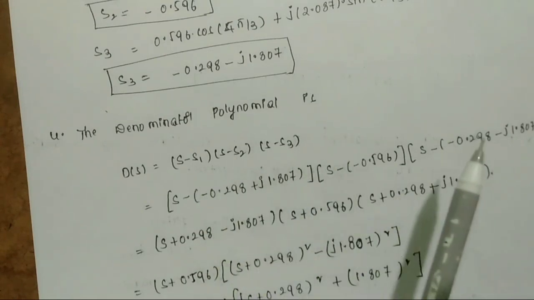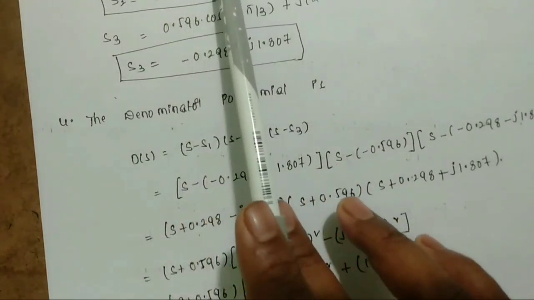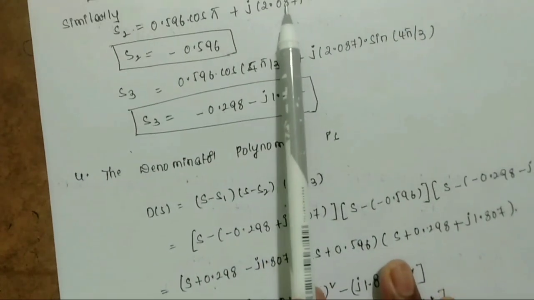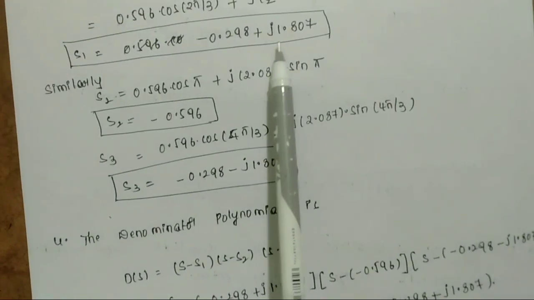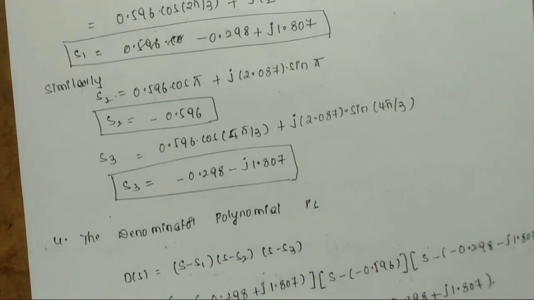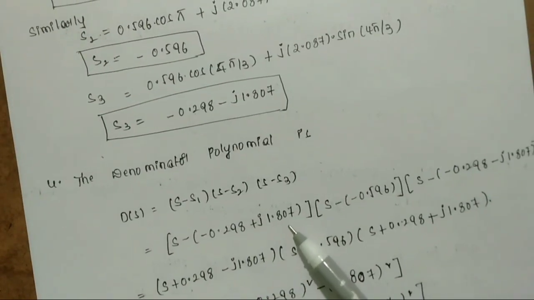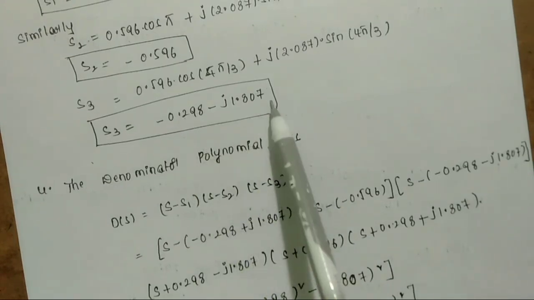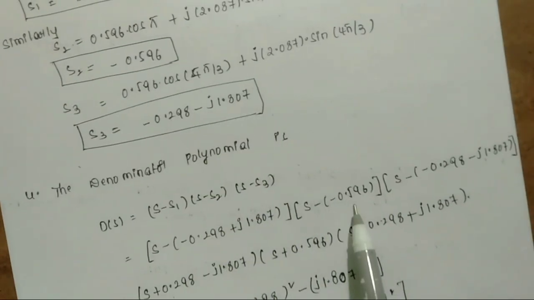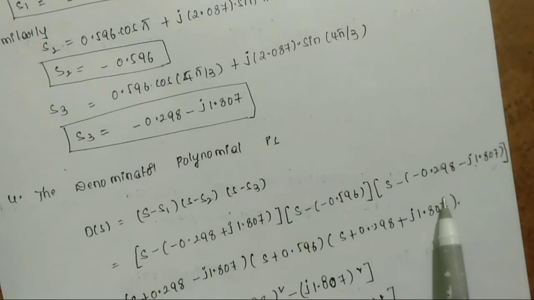So I am substituting the s1 value: s minus s1 is s plus 0.298 plus j into 1.807. The same value I am substituting here. Then the S2 value I have substituted here, and the S3 value also I have substituted here.